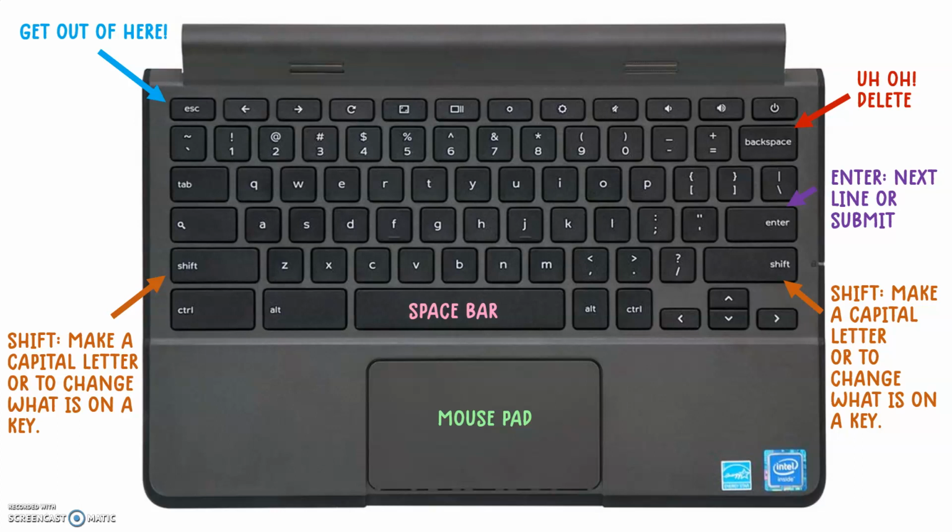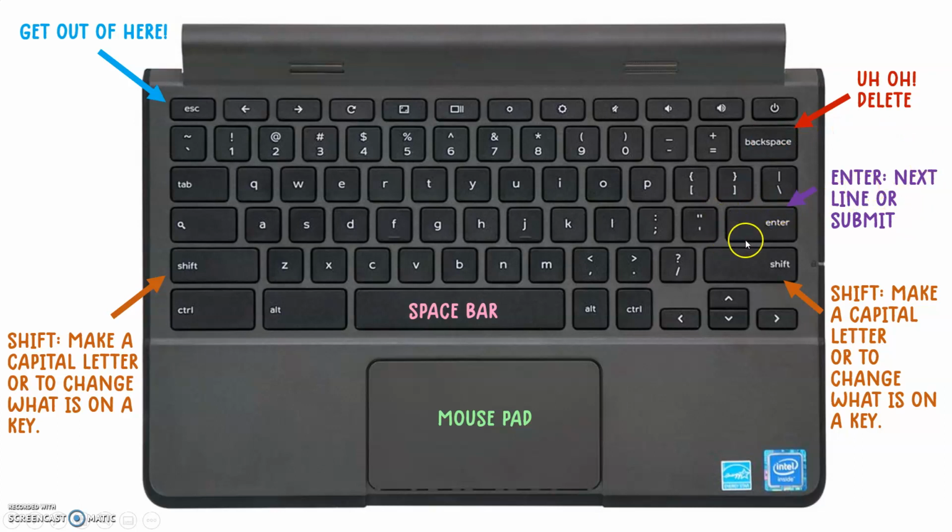If I just tap the backspace button one time, only the last letter I wrote will disappear. But if I hold down backspace, then everything's going to start to disappear. So this is a very good key, but you have to be careful, because if you only need to get rid of one or two things, you just need to tap it gently. And if you want to get rid of everything, you hold it down.